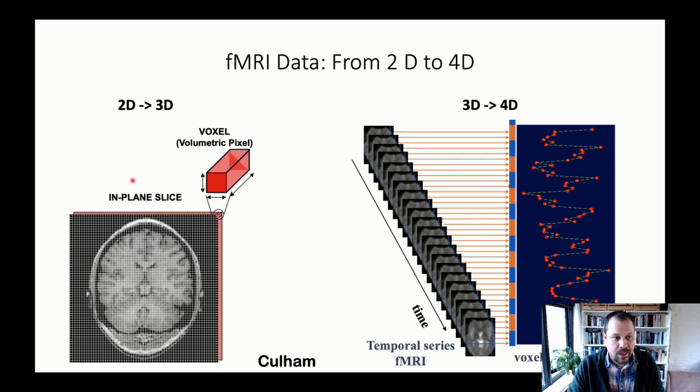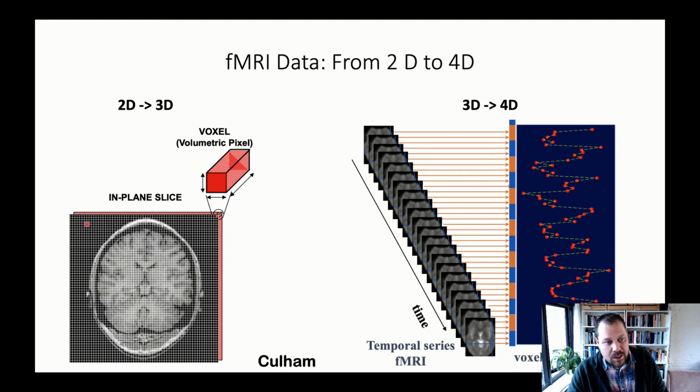So let's go over this again. So from 2D to 3D, at the 2D level, we have each slice providing us basically with a y-axis and an x-axis, and then each image is recorded. Each slice is recorded, but each slice also has a certain thickness, which is typically between 2 and 3 millimeters, or a little bit higher, but those are the typical estimates, which gives us a voxel.